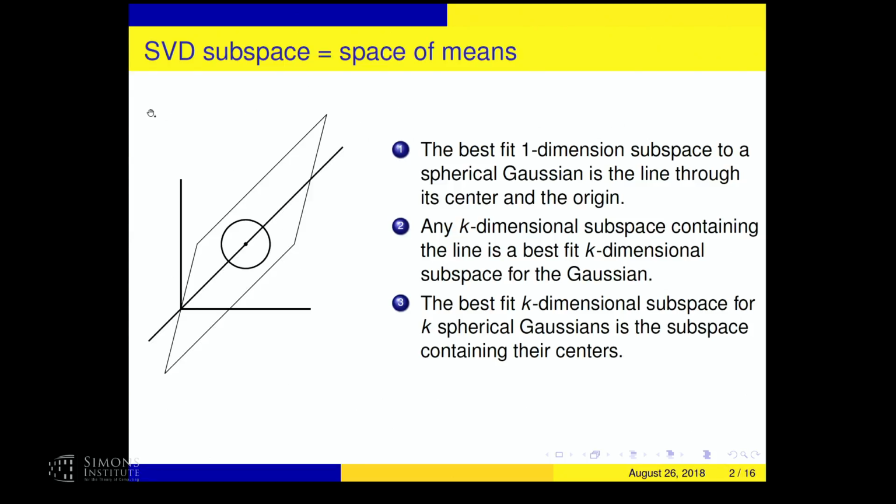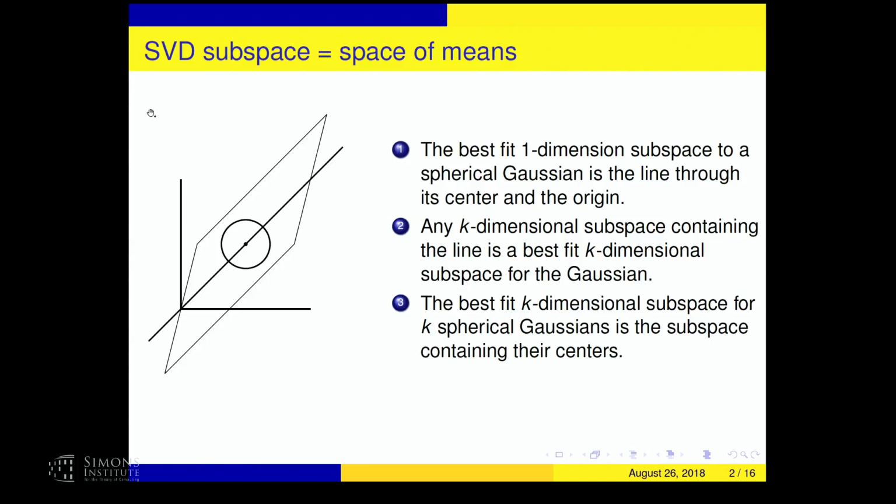Okay. Now that implies, also simply, if I look at any k-dimensional subspace containing the line, it is a best fit because they're all a best fit k-dimensional subspace for the single Gaussian. That implies 3, very simply, again. Why?